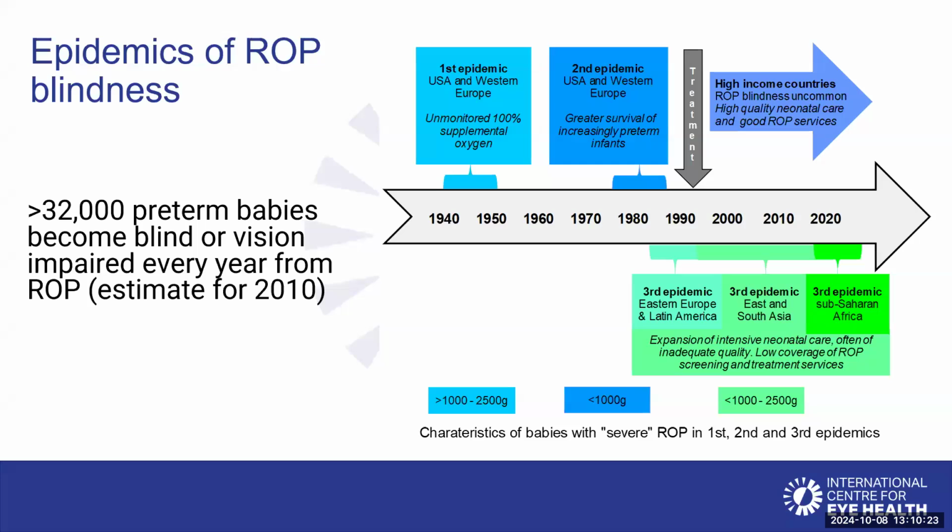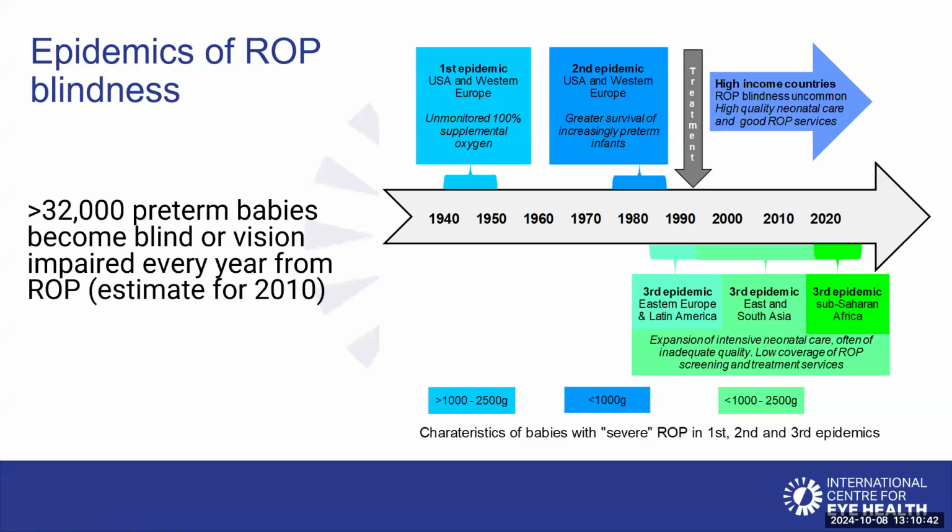This is because of the expansion of neonatal care, often, unfortunately, of inadequate quality for whatever reason, which means that babies are exposed to potentially modifiable risk factors. And as yet, there's low coverage of ROP screening and treatment services.